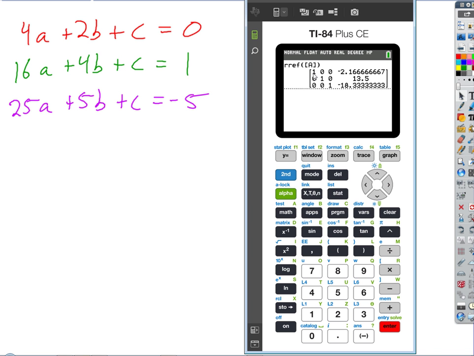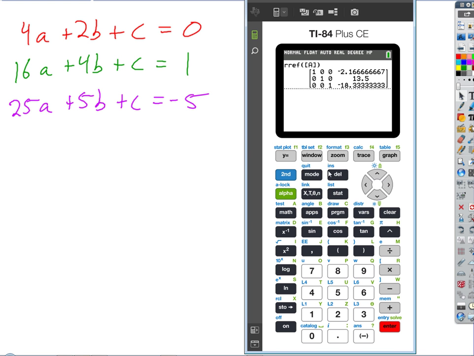So A equals that decimal, B equals that decimal, C equals that decimal. But those aren't exact, are they? At least two of those are not exact. And so I want to turn those into fractions.